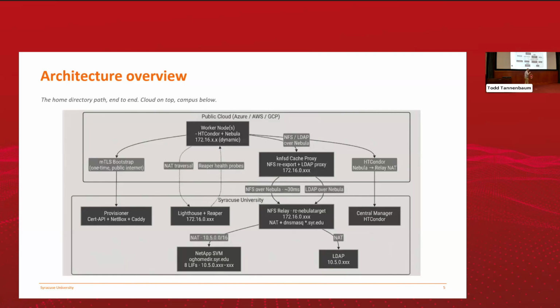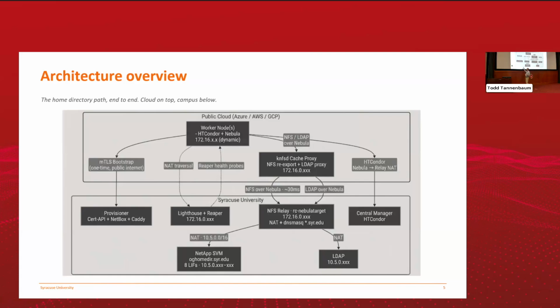And then we have this server, an NFSD cache proxy. This is the tool that allows me to re-export their home directories into the WAN. And on this is another cache, and this cache is very large. So as a user, you make your first call on your file, it goes into this central cache, and then that cache can provide that data as read to all my other worker nodes.